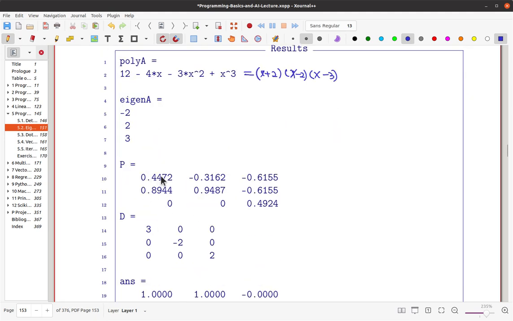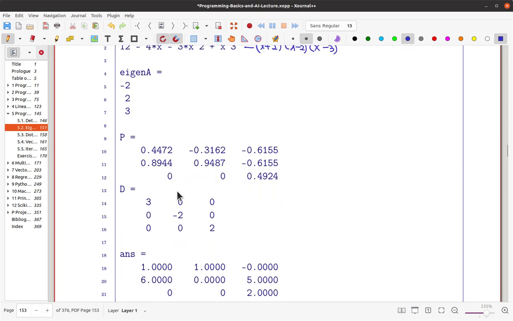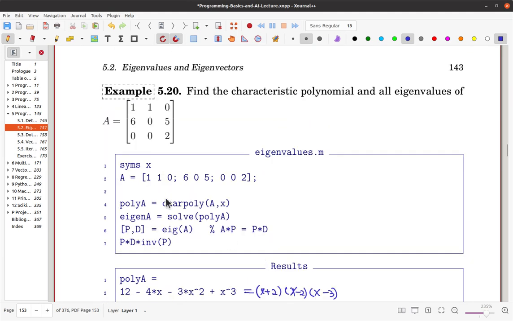So here these are the eigenvectors, and the corresponding eigenvalues are 3, minus 2, 2. Once we get that, the matrix P times the diagonal matrix times the inverse of P will produce the original matrix. So see if it is exactly the same as the given matrix.